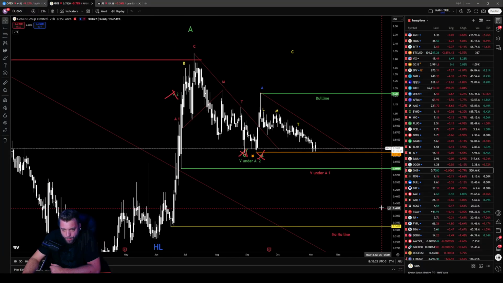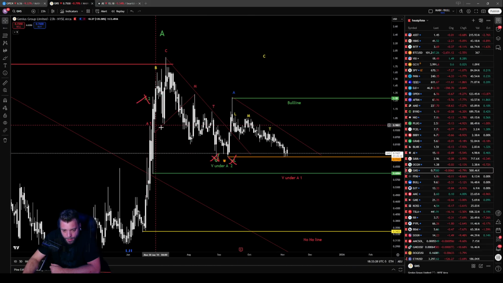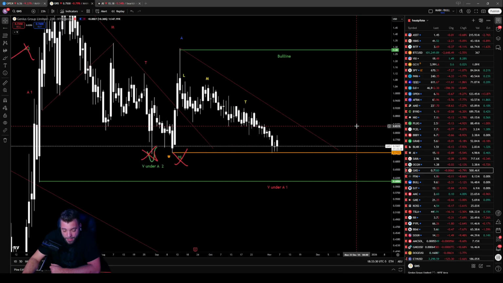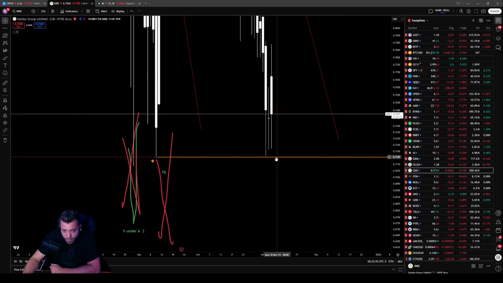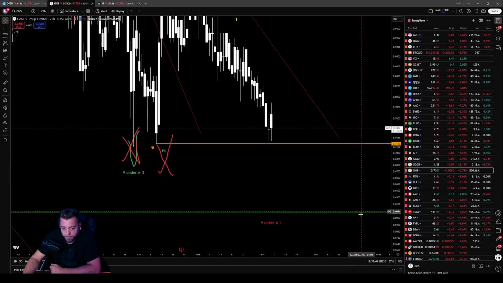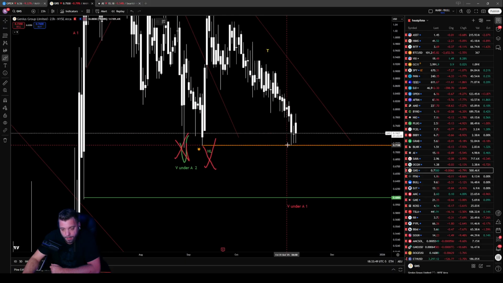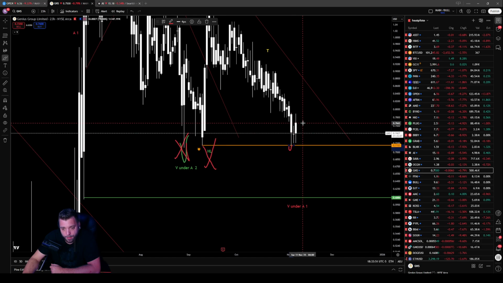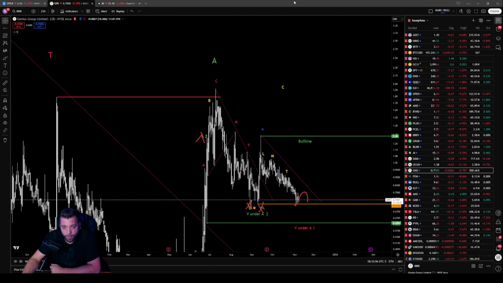Just because we have two versions, the finished one, the green one, and the red one. Green one is still working. We didn't touch our line, and right now we're still in high low. So as long as we're not touching 0.7154, this would still be our V, and we would be in our high low right now and ready to go.